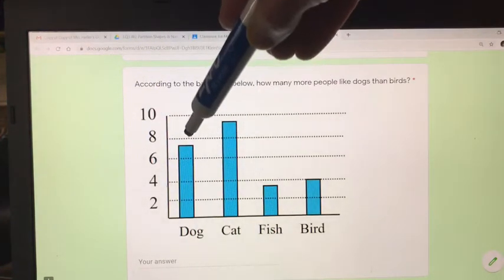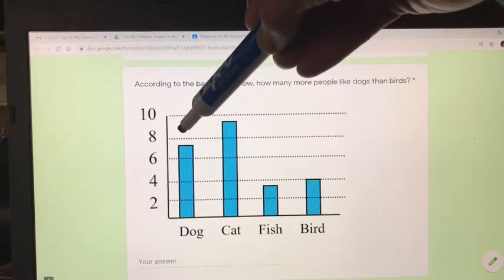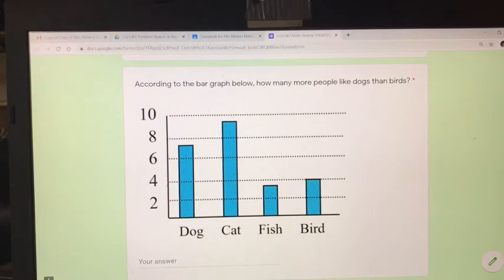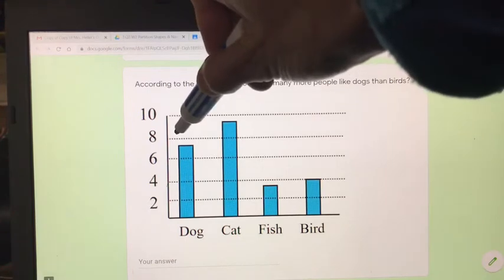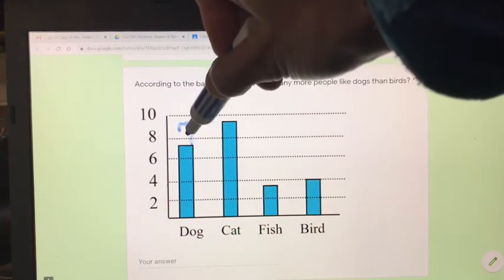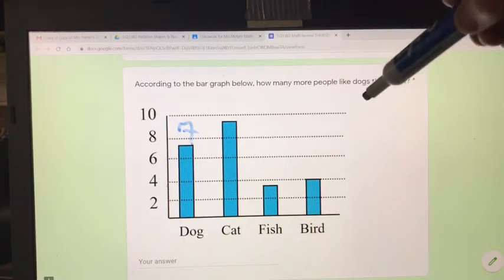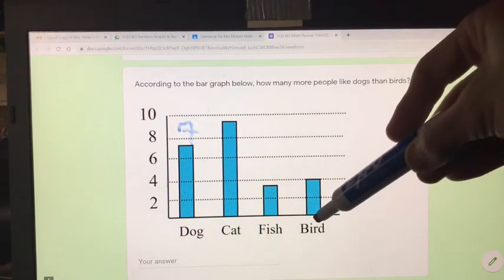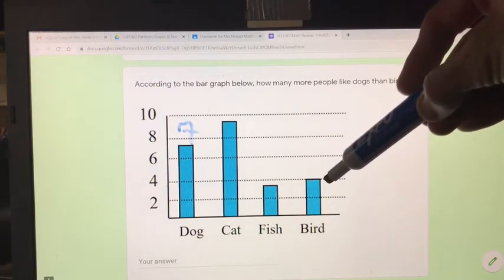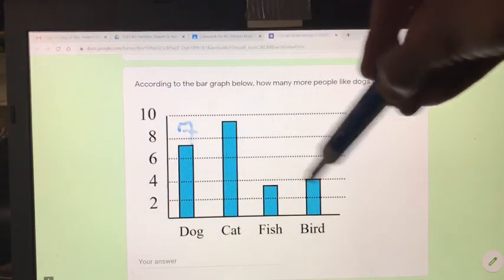But dog does not go up to 8. Dog is between 6 and 8. So when I count 1, 2, 3, 4, 5, 6, the next number between 6 and 8 will be 7. So 7 like dogs. Okay, the next one I'm going to go to is bird. So I go to bird, it goes right up to this dotted line. If I follow the dotted line over, bird is right at 4.